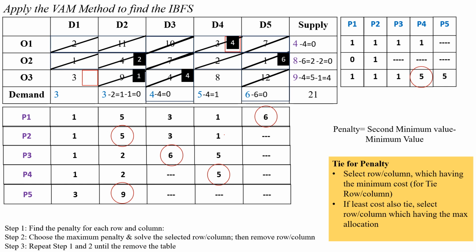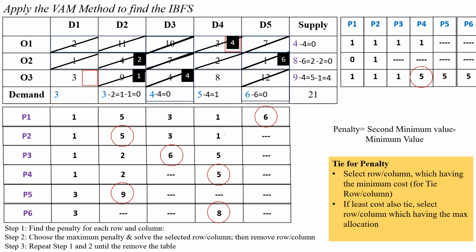Next, once again I have to find the penalties for the row as well as the column. The penalty for the O3 row is 8 minus 3, which is equal to 5.